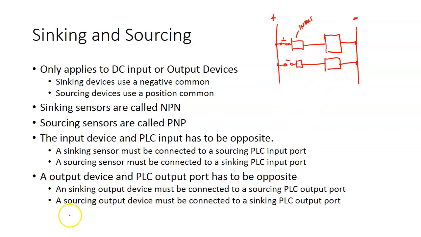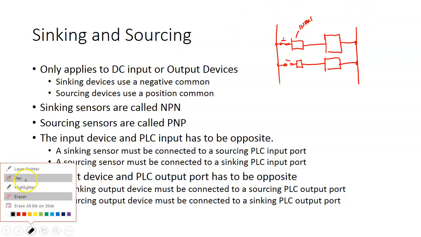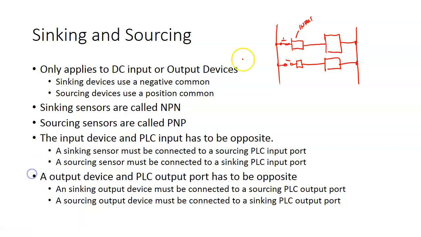But I could have just as well come up here and done this: make this minus and make this plus. So over here, my input devices are using a negative common and my PLC is using a positive common.